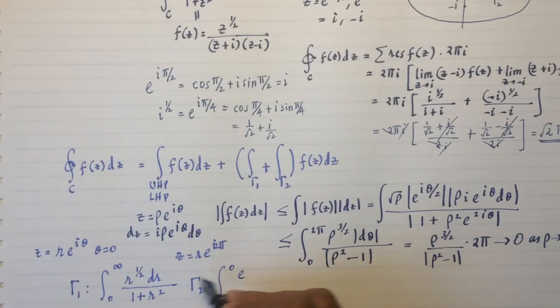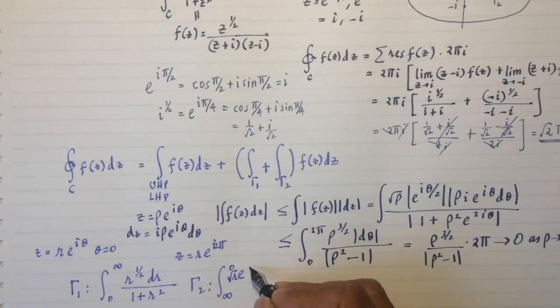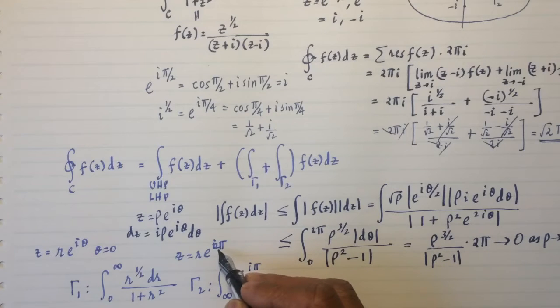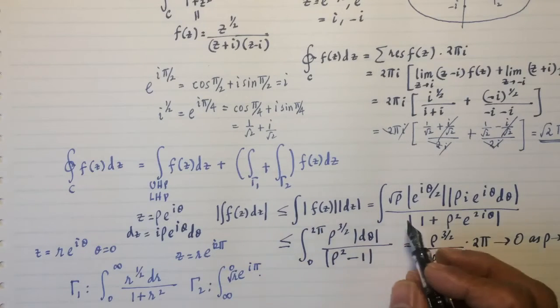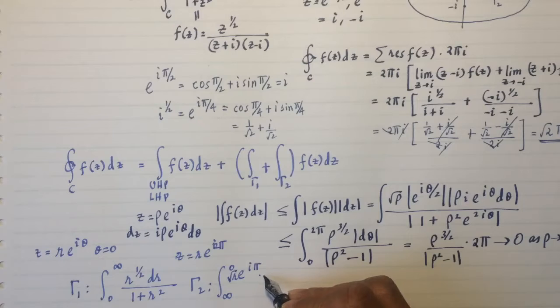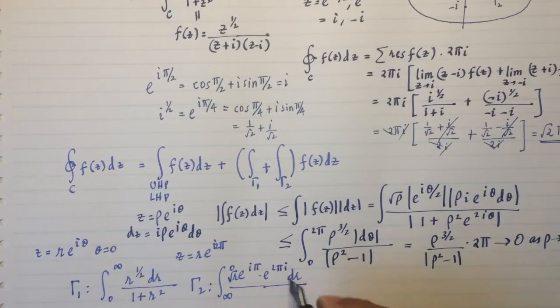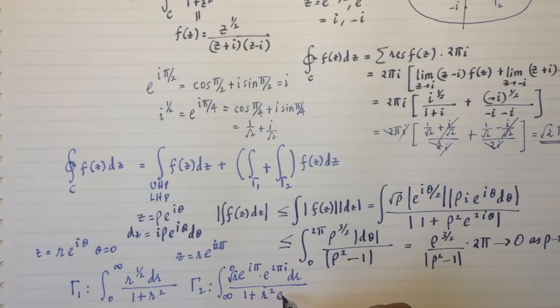When I take the square root, I get root r e to the i pi, because the square root of e to the 2 i pi is e to the i pi, and then the derivative dz is just going to give me e to the 2 pi i times dr divided by the denominator, which is 1 plus z squared, that is r squared e to the 4 pi i.